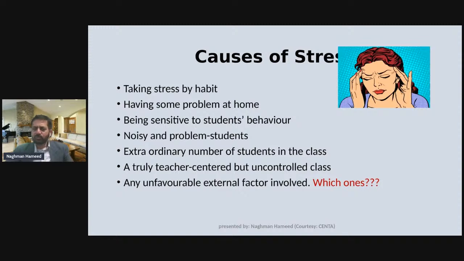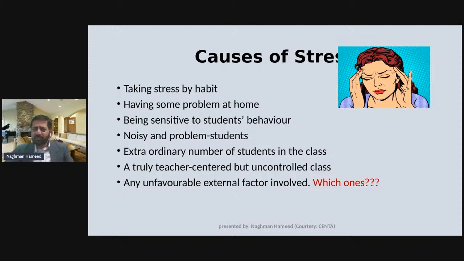Extraordinary number of students in the class, yes, if the class is of 50 or 60 students, I know many such schools, they don't split their classes into two or three classes. They have 60 students accommodated in one class, and the teacher finds it very difficult to reach out to every student in terms of academics, in terms of interpersonal things and all that. So it is a factor.